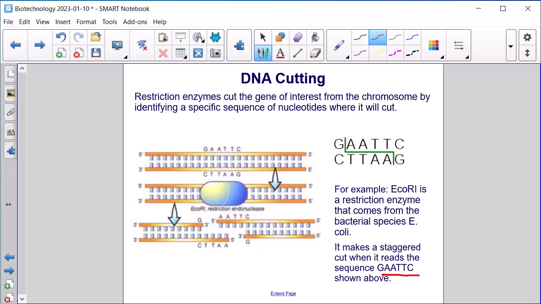When the restriction enzyme EcoR1 gets to this sequence, it recognizes it and makes a cut here between the G and A and on the complementary strand between the G and A. So we get this staggered cut that you see here.